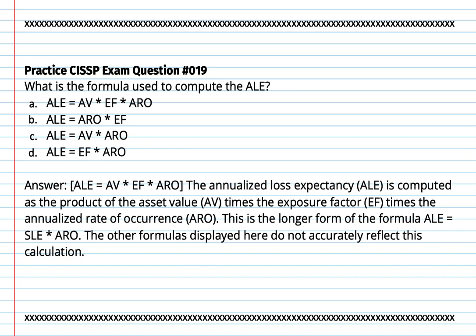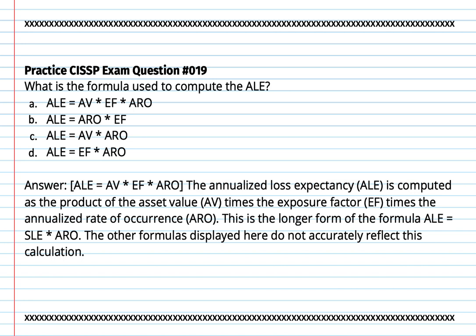Annualized loss expectancy, you have asset value, which is AV, or Alpha Victor, exposure factor, which is EF, or Echo Foxtrot. And then that's going to create what we call an annualized rate of occurrence, which is ARO, or Alpha Romeo Oscar. So bottom line, you're dealing with the risk management piece of this: ALE is annualized loss expectancy, AV is asset value, EF is exposure factor, and ARO is your annualized rate of occurrence.